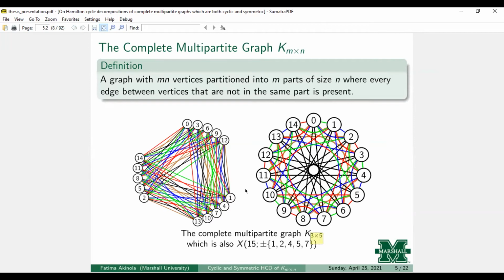So you put that in a cycle and connect all of the vertices in different parts. There is no edge between 0 and 3 because they're in the same part. There's no edge between 1 and 4 because they're in the same part. So you can't have an edge between them. That's what a complete multipartite graph is. It's like the older version of bipartite graphs.